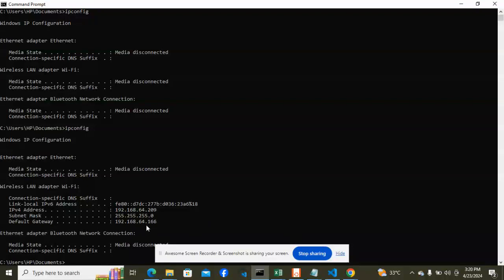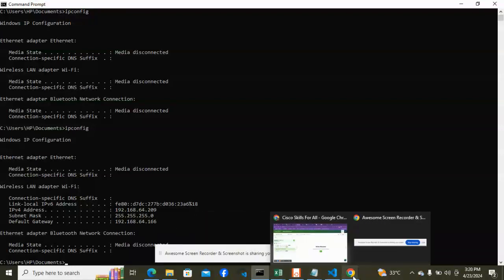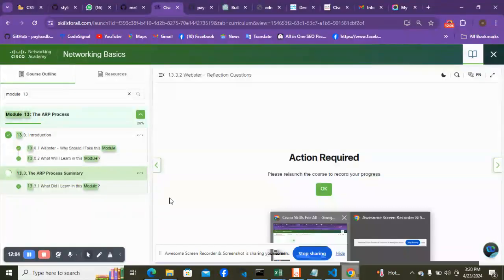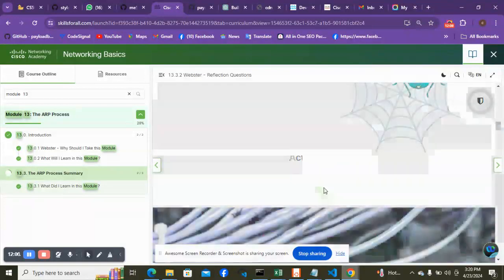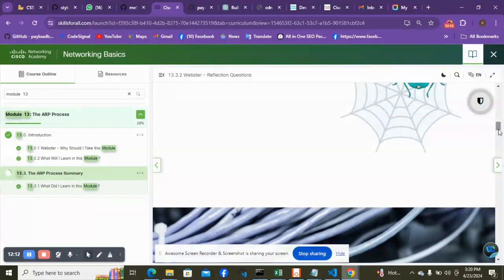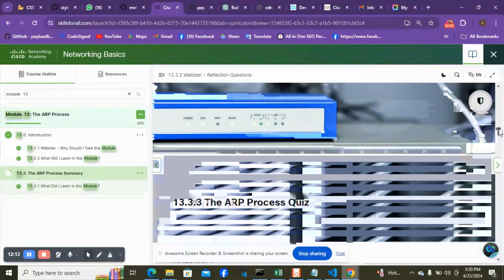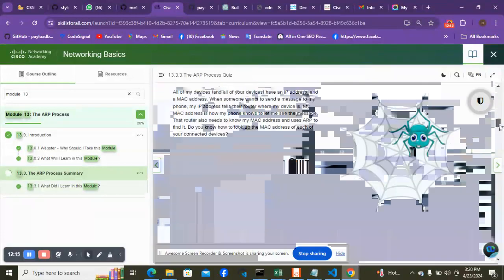Since I'm using a hotspot, this is my phone. That is my phone IP. Okay, so let's continue. So we're able to see how we can get the MAC address using CMD, right?